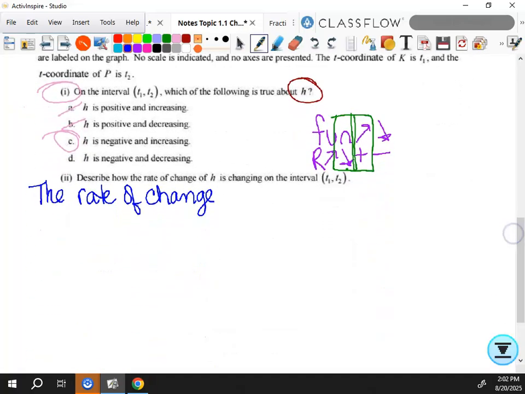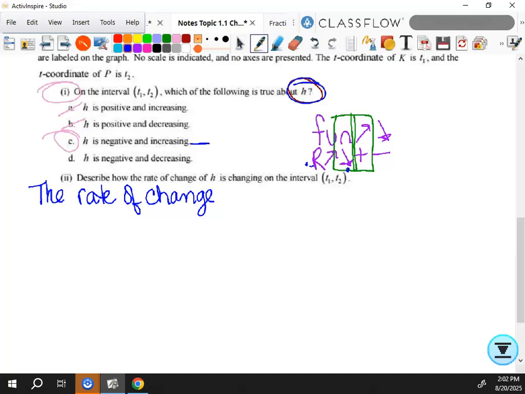The function is negative and increasing. The rate of change is decreasing. Okay? And remember, the function can be increasing while the rate of change is decreasing. Think about the water in the vases. The water was increasing the whole time, but the speed at which it filled up changed. Okay?